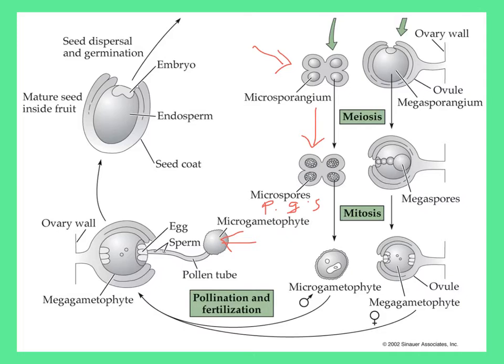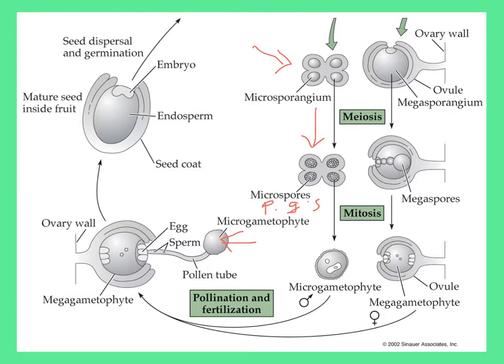The development of the female gametophyte inside an ovule, inside the ovary, is shown here. A much larger cell undergoes meiosis, and 4 megaspores, 3 degenerate, and only one divides to become this megagametophyte inside the double integumented ovule.